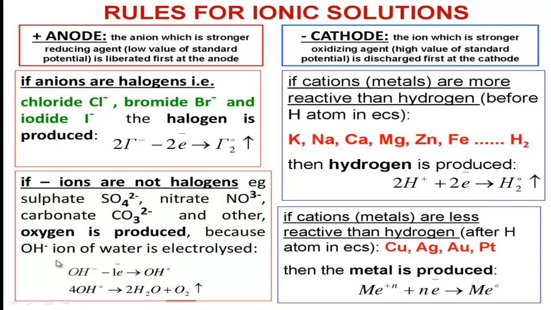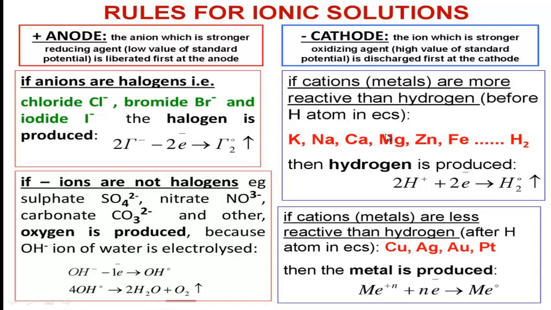Because in the aqueous solution hydroxyl ion is present, and from hydroxyl ion, through these reactions, oxygen gas is finally produced. Just remember that when halogens are present as anions, halogen gas is produced, and when anions other than halogens are present, oxygen gas is produced due to the presence of hydroxyl ion.